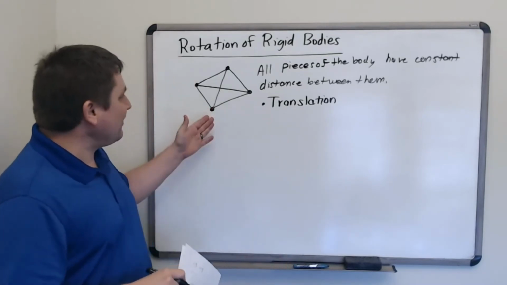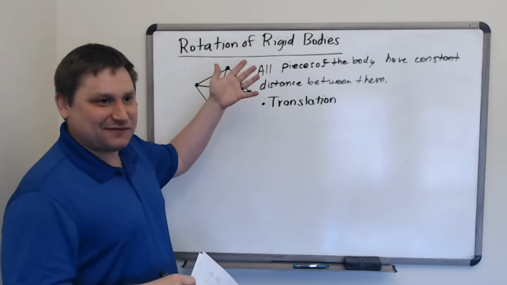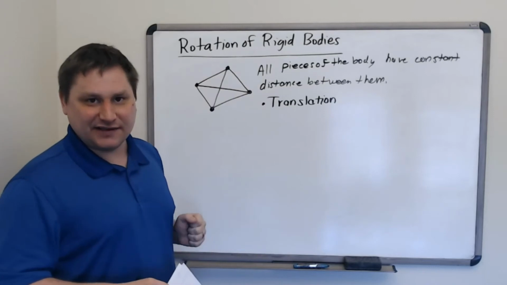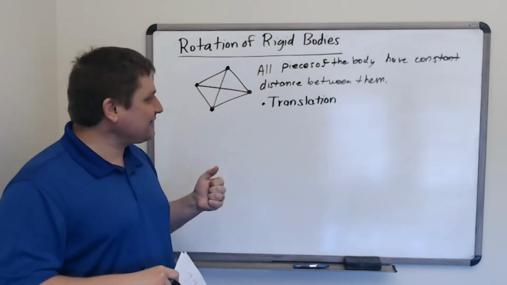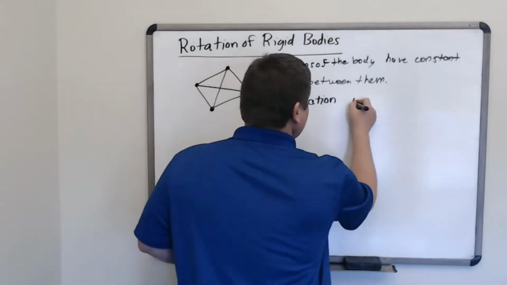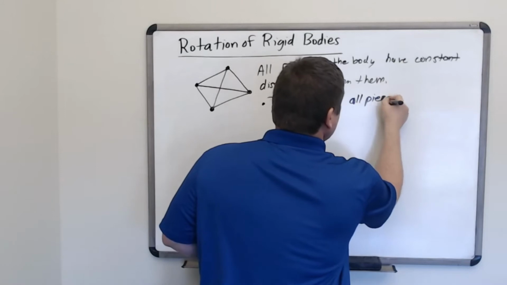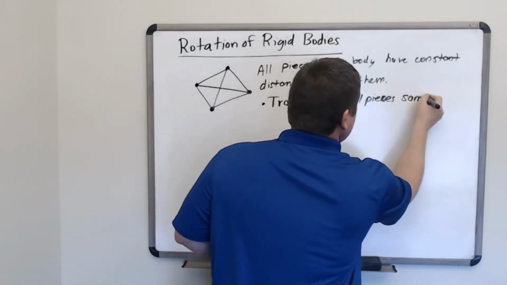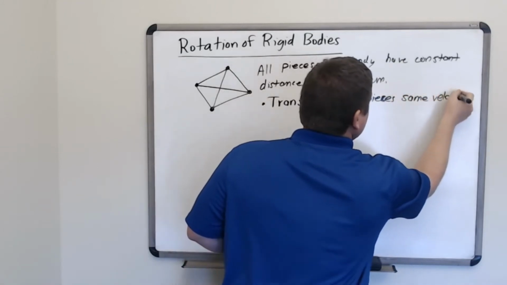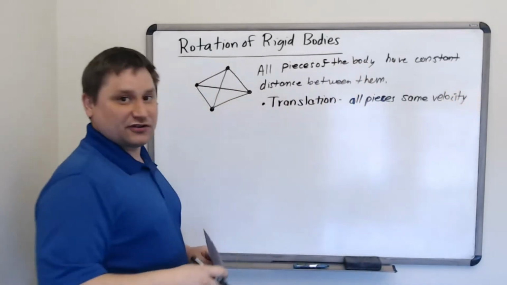So we can tell that if all of the pieces moved in the same direction at the same speed, then they would all stay the same distance from each other. So a translation maintains the rigidity of the object. So all pieces have the same velocity in a pure translational motion.